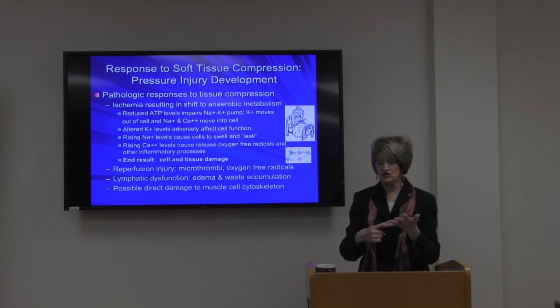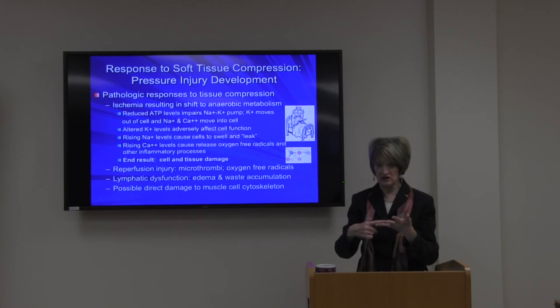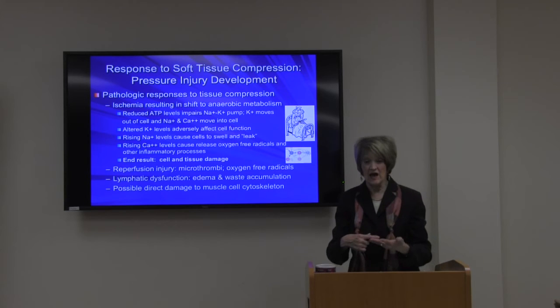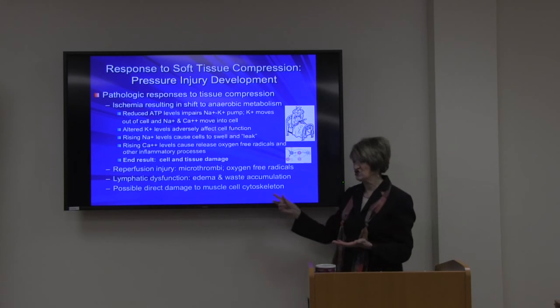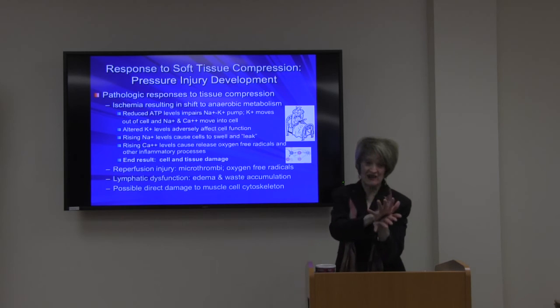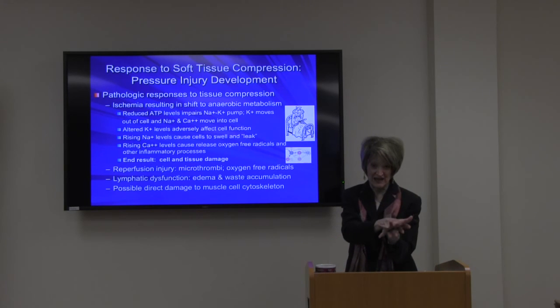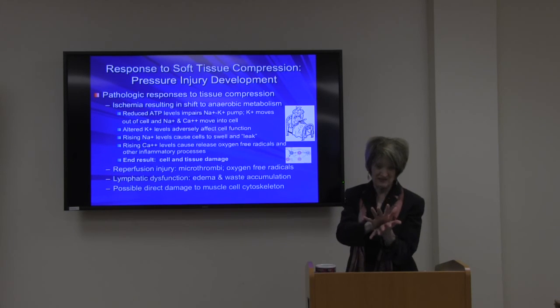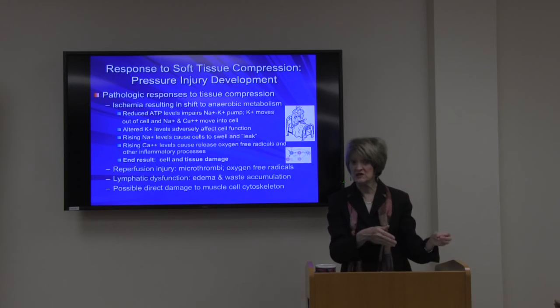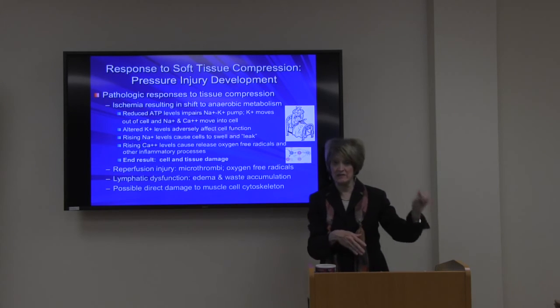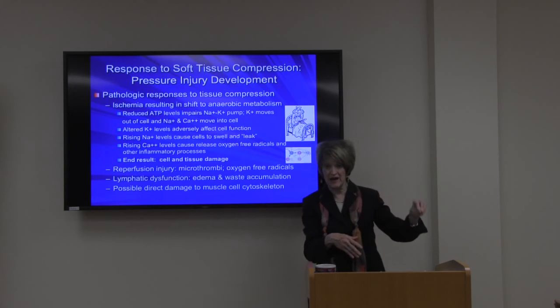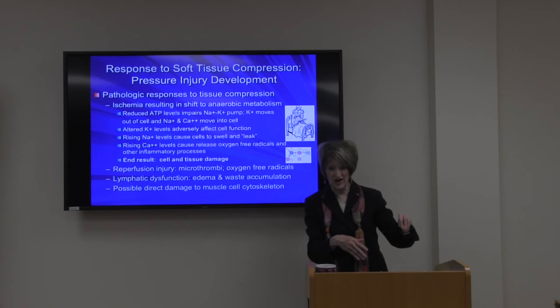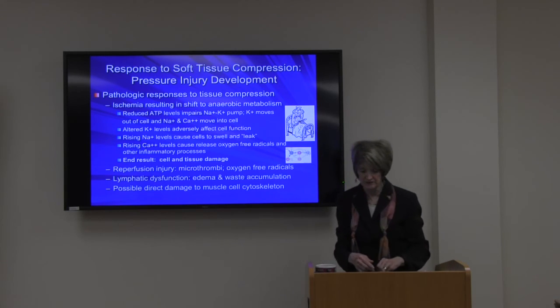So you've got ischemic injury, you've got reperfusion injury, you've got lymphatic dysfunction, and recent studies suggest that mechanical force can directly damage the cytoskeleton of the muscle cell. Soft tissue deformation, high pressure against the muscle cell. So in addition to the negative impact of ischemia, reperfusion injury, and lymphatic dysfunction, you might get primary direct mechanical damage to the muscle cell.